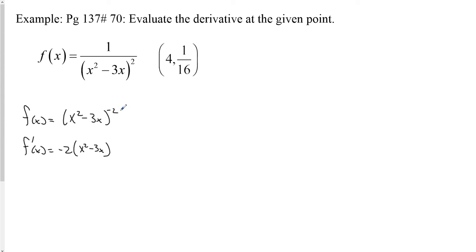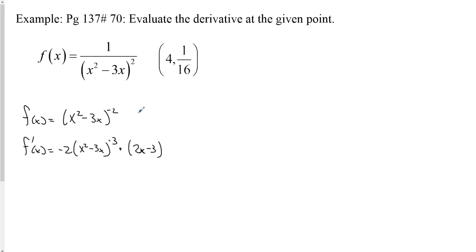And again, don't make the mistake of saying that this is negative 1 now, because negative 2 minus 1 is negative 3, times the derivative of what's inside, which would be 2x minus 3. I take the derivative of that expression right there.